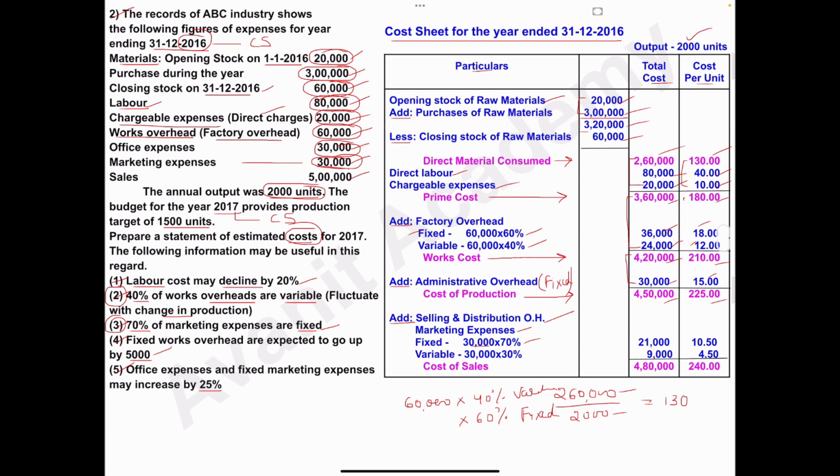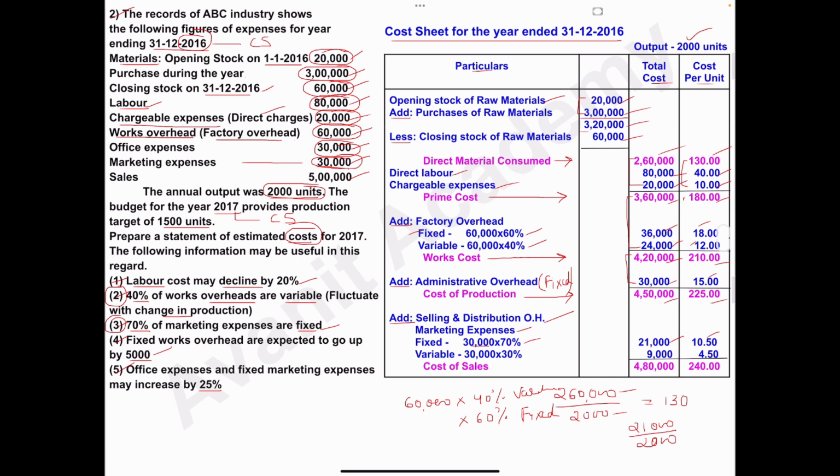And the amount is 21,000. Per unit, 21,000 divided by 2,000. Okay, if you want per unit, you have to divide every total cost amount by 2,000. 21,000 divided by 2,000 and you will get 10.50.